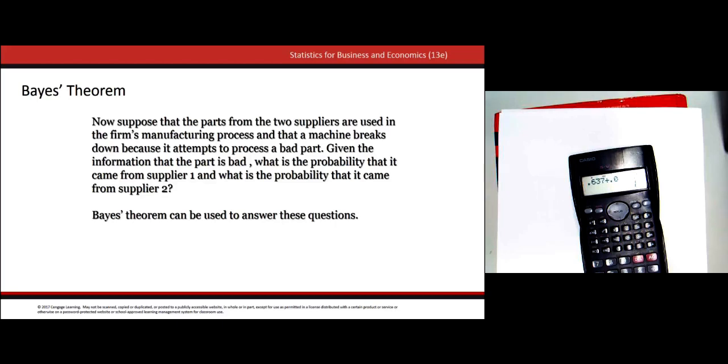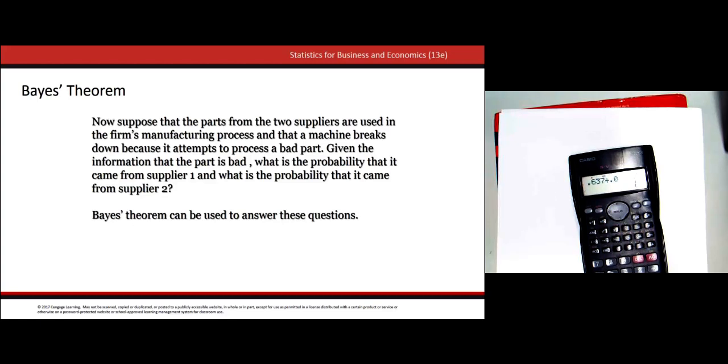Given the information that the part is bad, what's the probability that it came from supplier 1? Which is a conditional probability. And what's the probability it came from supplier 2?